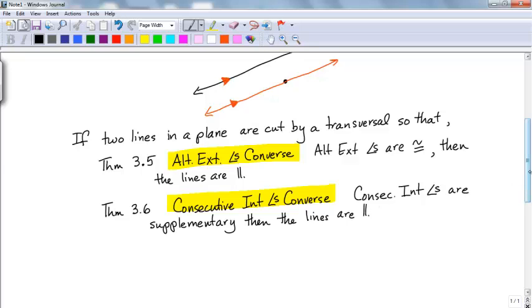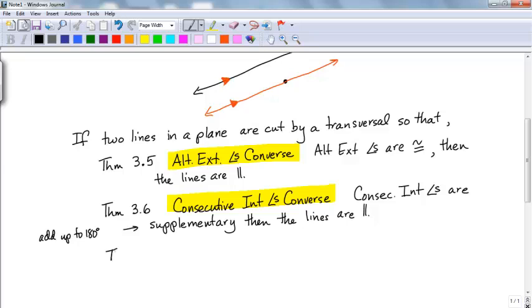If their consecutive interior angles are supplementary, that means they add up to 180 degrees. Then they are parallel.